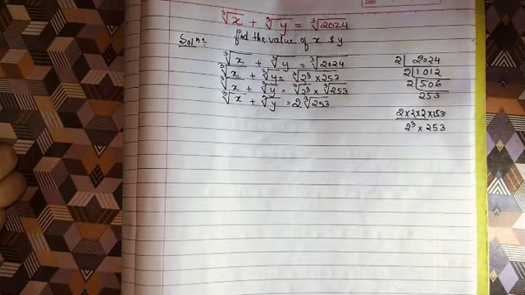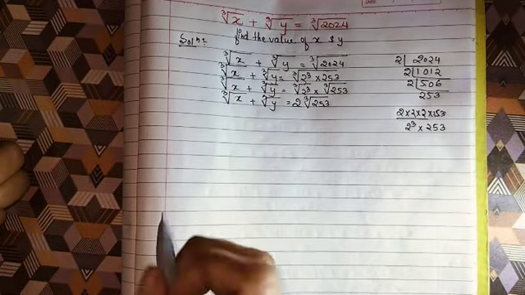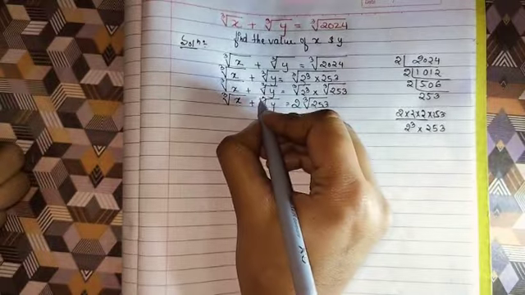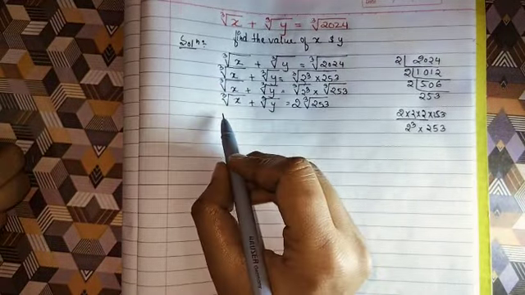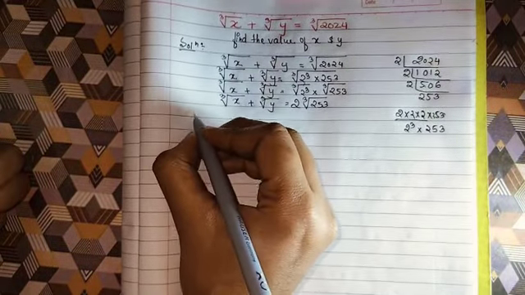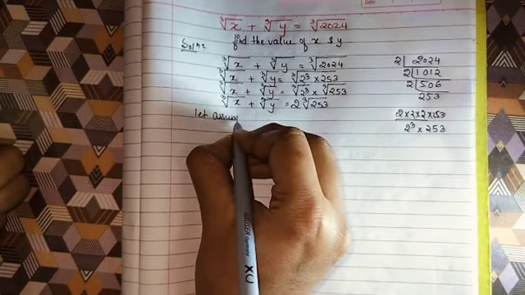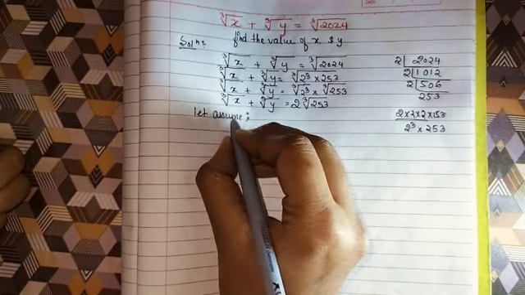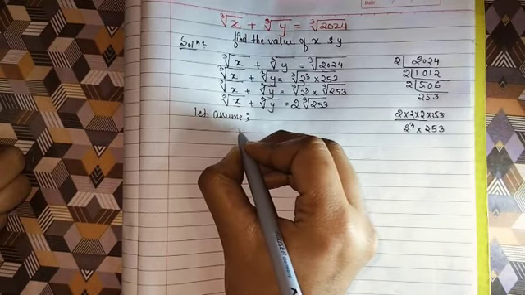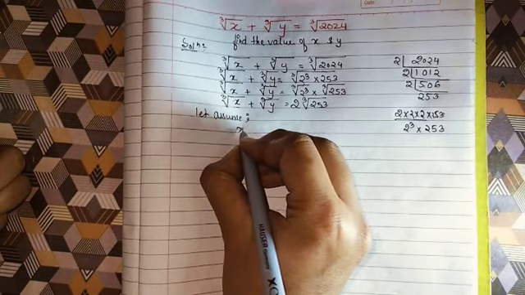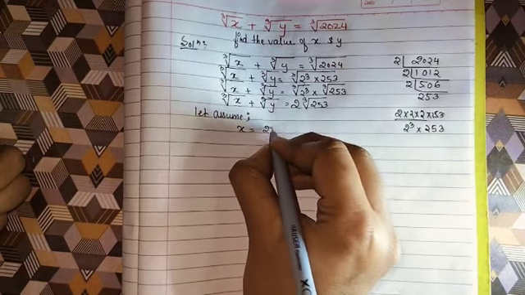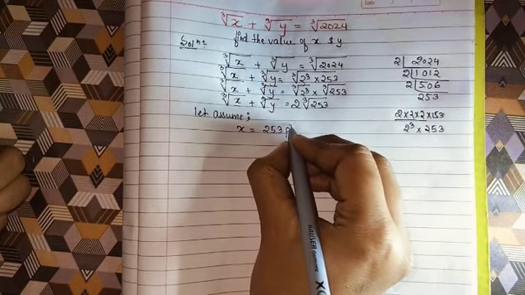So we are left with this term, right? Now we have simplified this term. Now we have to find the value of x and y, but how we will proceed is, we will assume x equals 253 p cube.